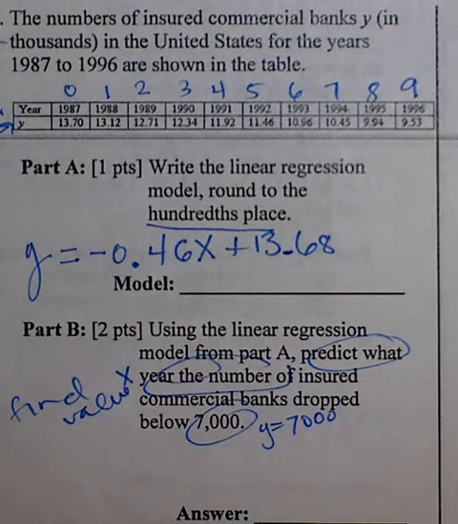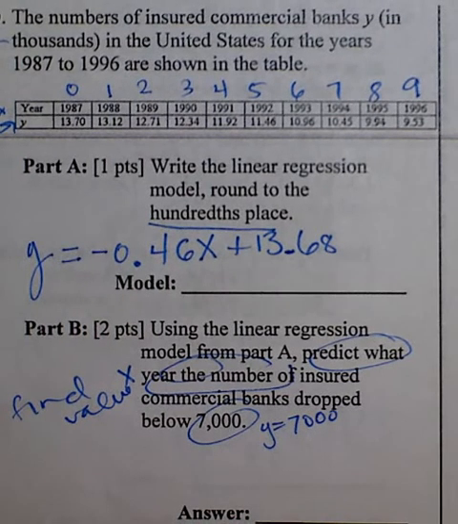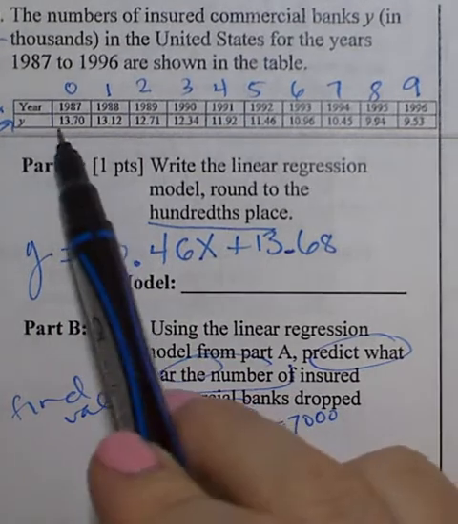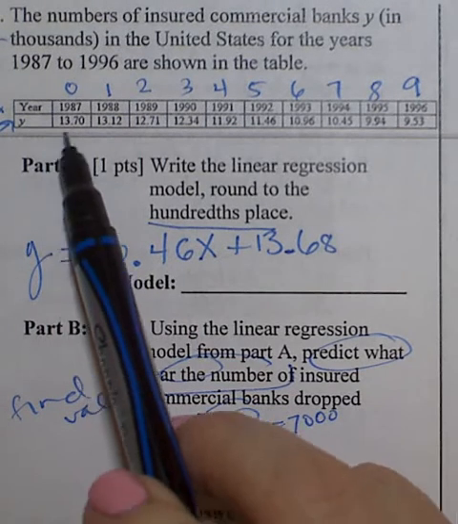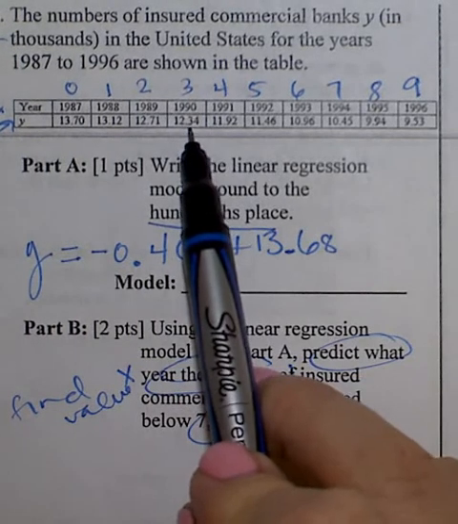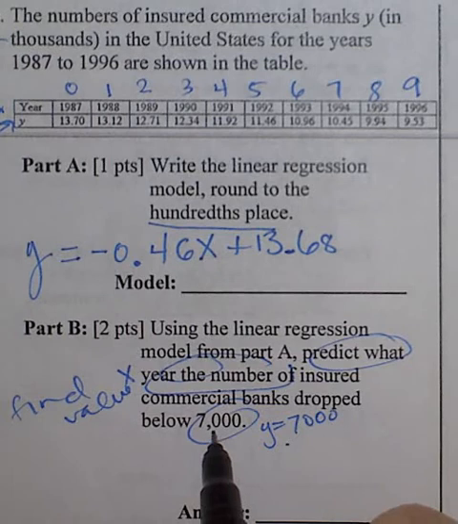Now here's the key. You're not going to type in 7,000 for y because it states up above that this is in thousands. So this is like 13,700 or 12,340. So instead of typing in 7,000, you're going to divide this number by 1,000 to get 7.